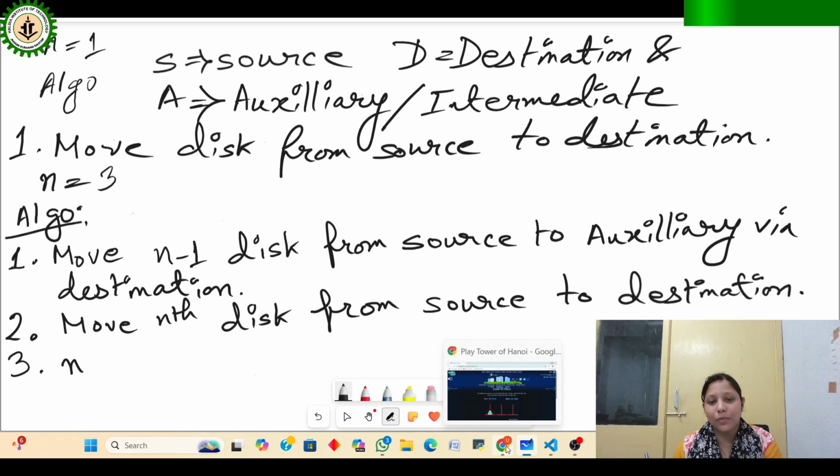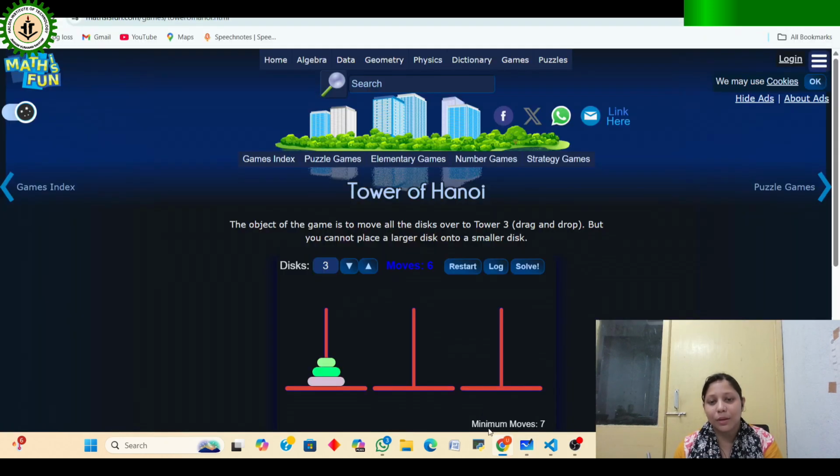Source to auxiliary via destination. Via destination, we are putting this n minus 2, n minus 1 from source to auxiliary via destination. And the next step, we said move nth disk. This is the nth disk from source to destination.